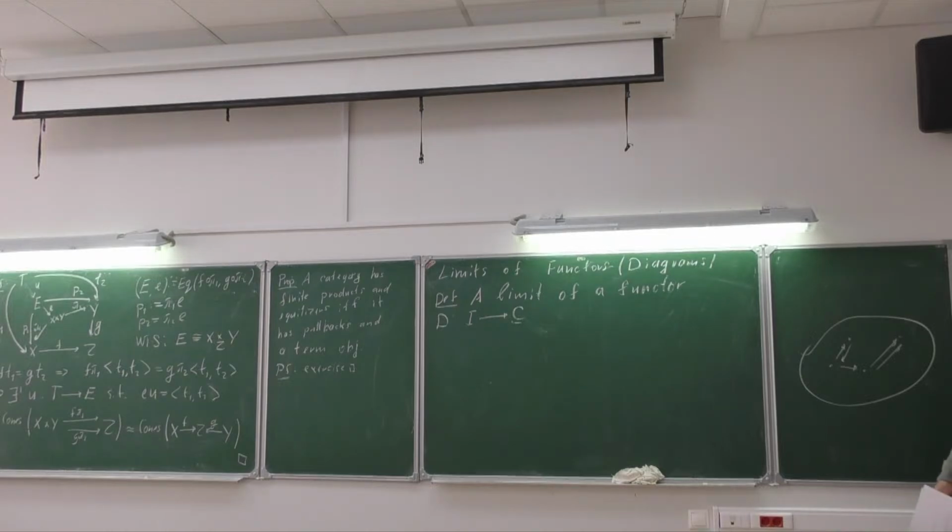So, for example, what category I is supposed to take if I just take a product of objects?